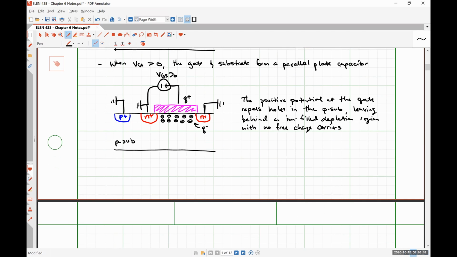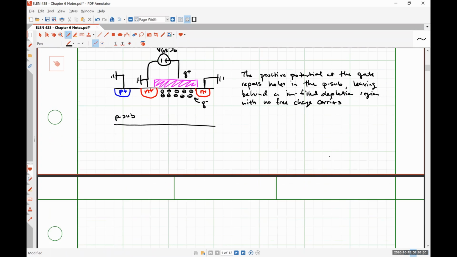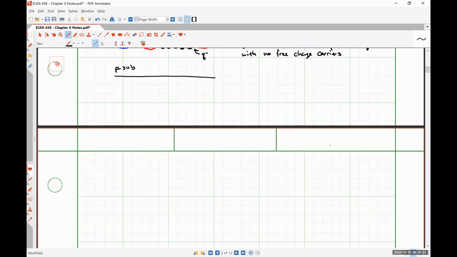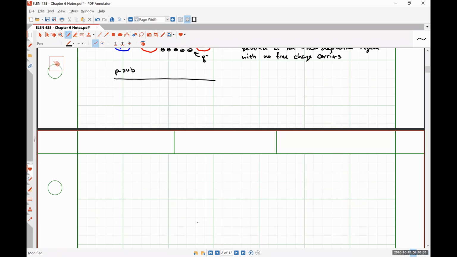So we're actually going to wind up having two capacitors connected in series.